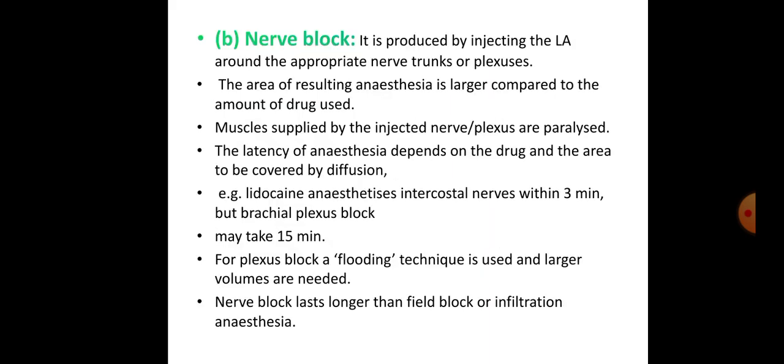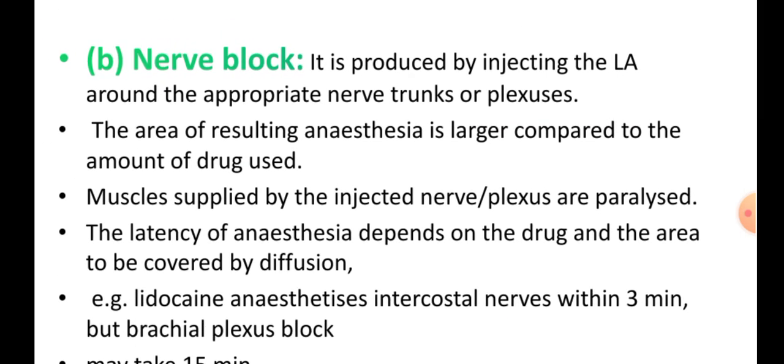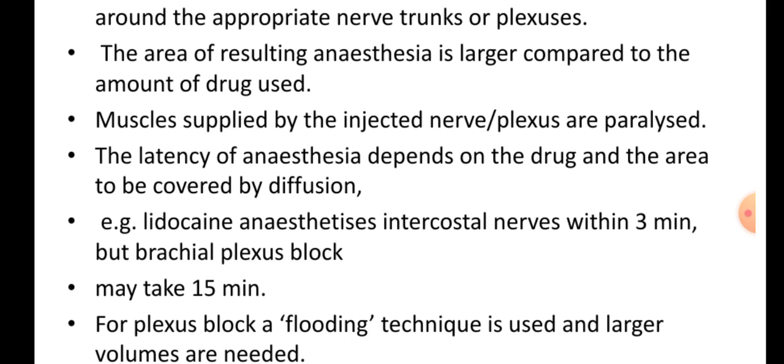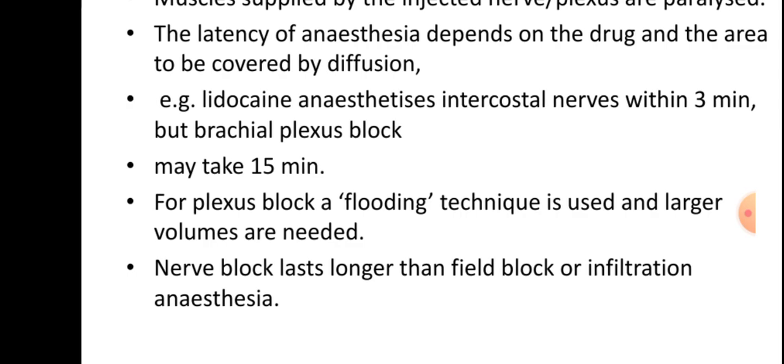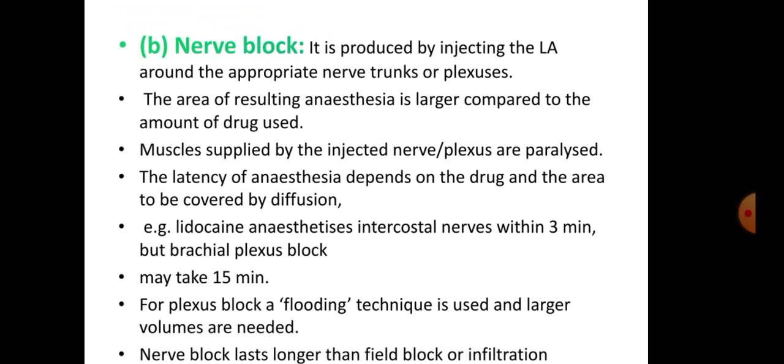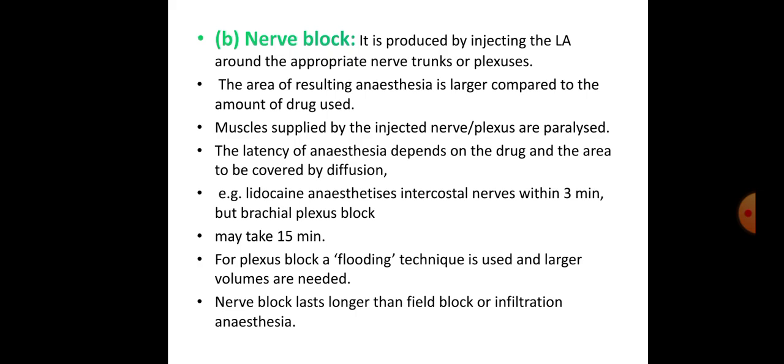Next, nerve block. In the nerve block, that particular supplied nerve will be blocked. The muscles supplied by the injected nerve or plexus will be paralyzed. What are the uses of these conduction blocks or nerve blocks?